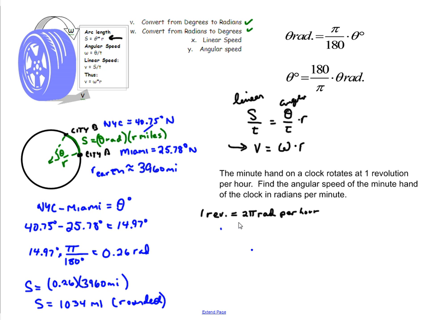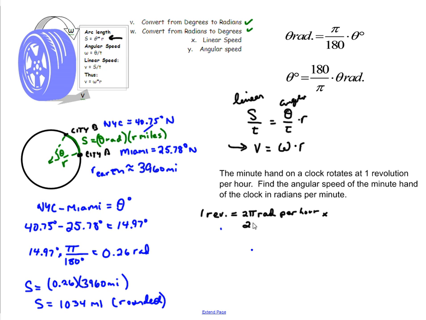Now, we want to find out what this is in terms of radians per minute. Well, it's 2 pi radians per hour, but we want to multiply that by 60 minutes per hour. Actually, we need to reverse that, because we need to cancel out hours. We would say 1 hour every 60 minutes.